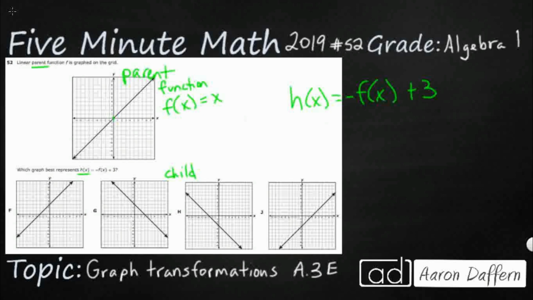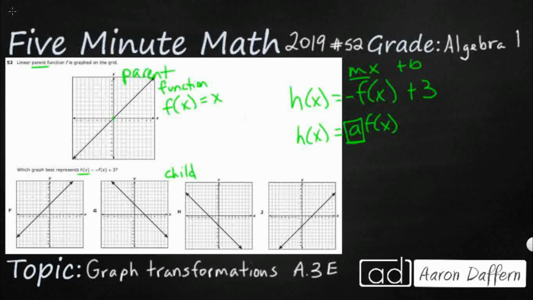Sometimes when we're dealing with a child function, we will have a different multiplier, like this a f of x. Let's deal with that first. This multiplier will change the slope, because if we're going to do mx plus b, that's going to be our slope.